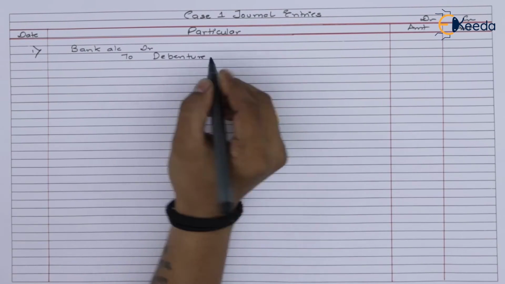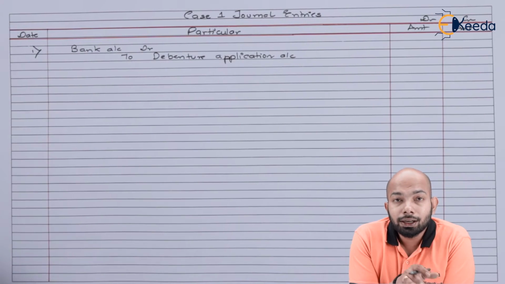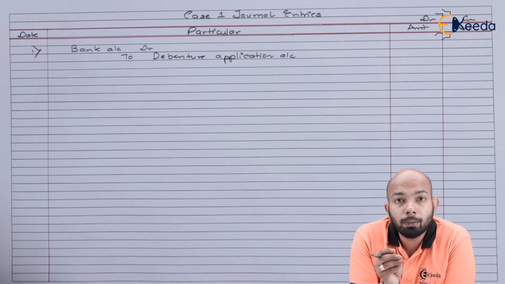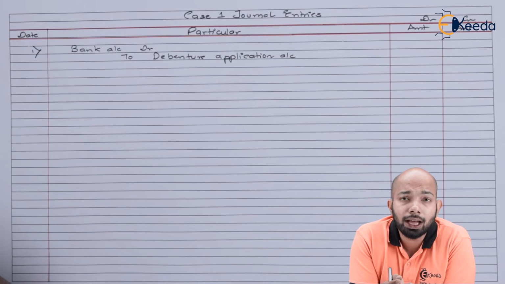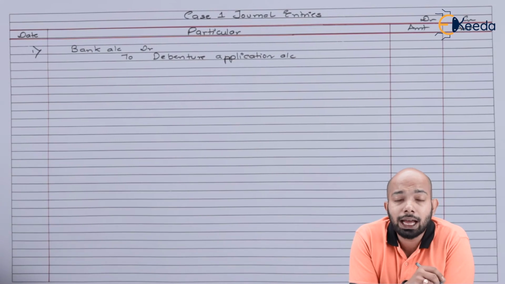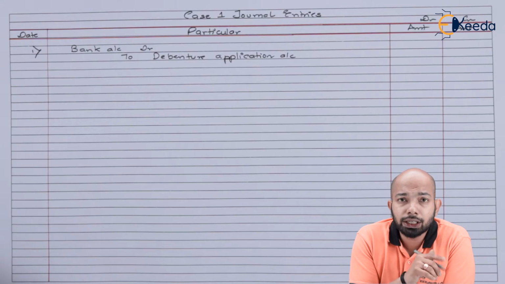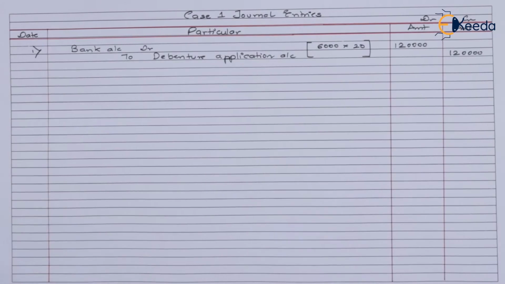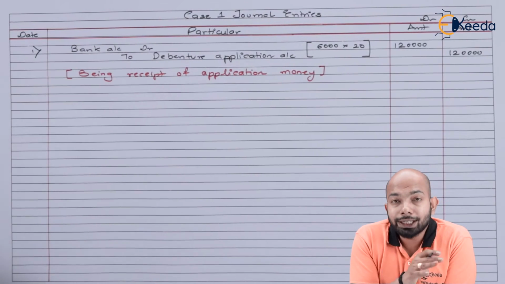Now in case 1, the total number of debentures issued multiplied by the application money will give us the total applications we have received. So that will be 6,000 multiplied by 20 rupees on application. So the first entry has been passed.